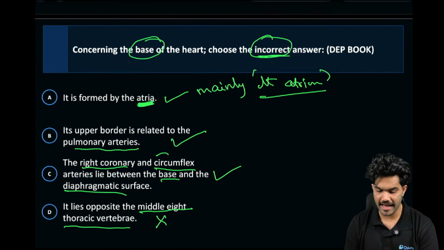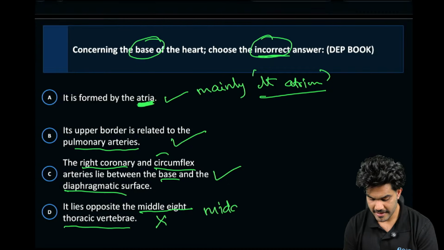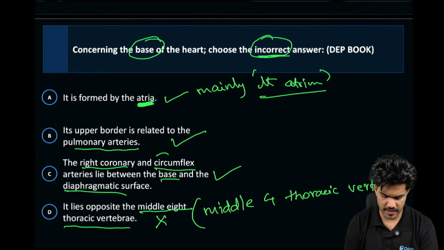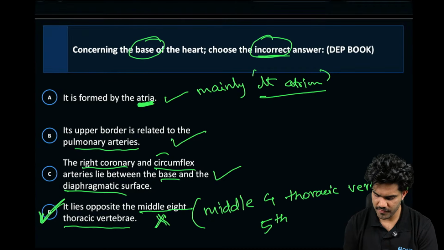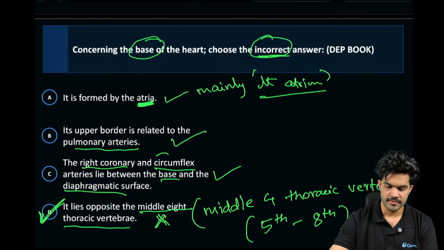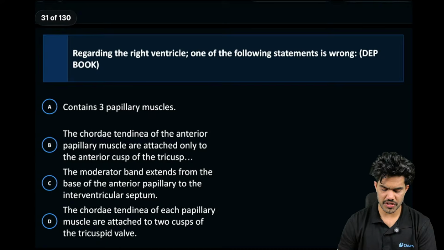No, it lies opposite the middle 4 thoracic vertebrae. Middle 4 only. So this will be the false statement, option D. Which vertebrae? 5th to 8th. Okay.